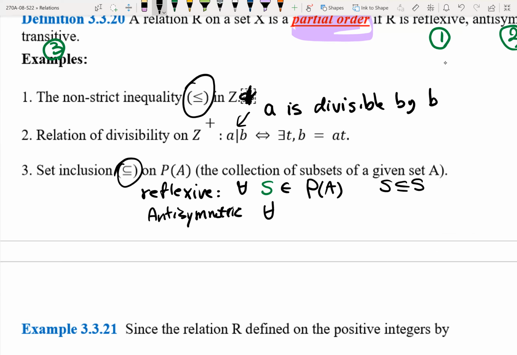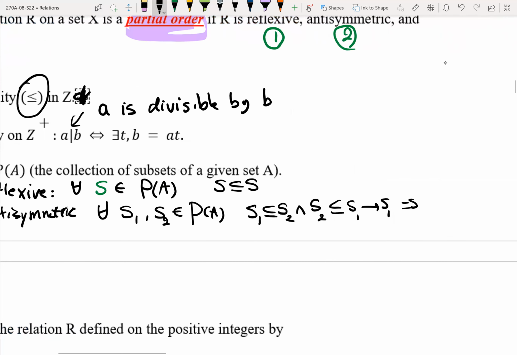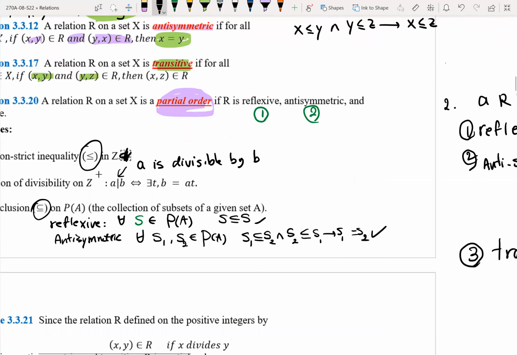Anti-symmetric. For every S sub 1 and S sub 2 in the power set of A, if S sub 1 is a subset of S sub 2 and S sub 2 is a subset of S sub 1, then S sub 1 and S sub 2 must be the same. So that is anti-symmetric. And then transitive.